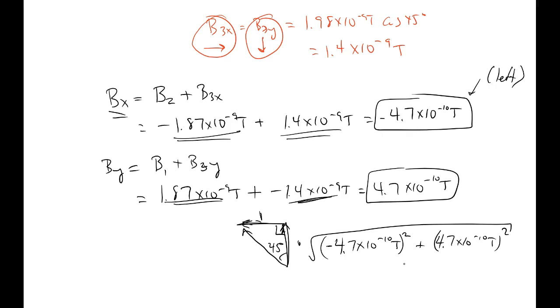Or I could just simply multiply that by root 2, because remember, 45 is 1, 1, root 2. If I multiply that value by the square root of 2, I get 6.65 times 10 to the negative 10 Teslas as the magnitude of the magnetic field there. So that is B total.